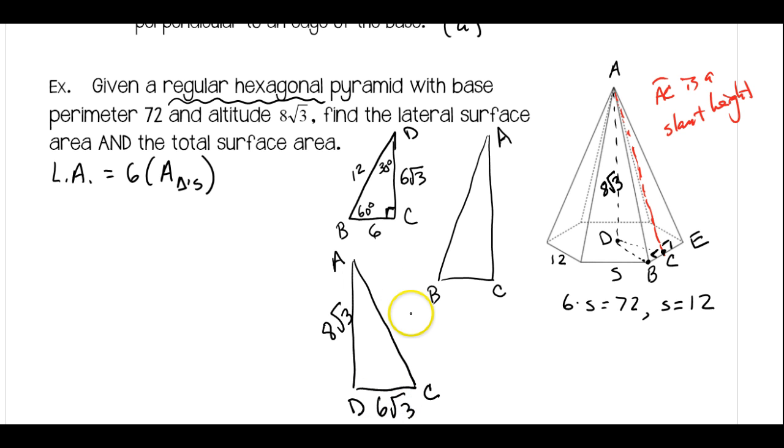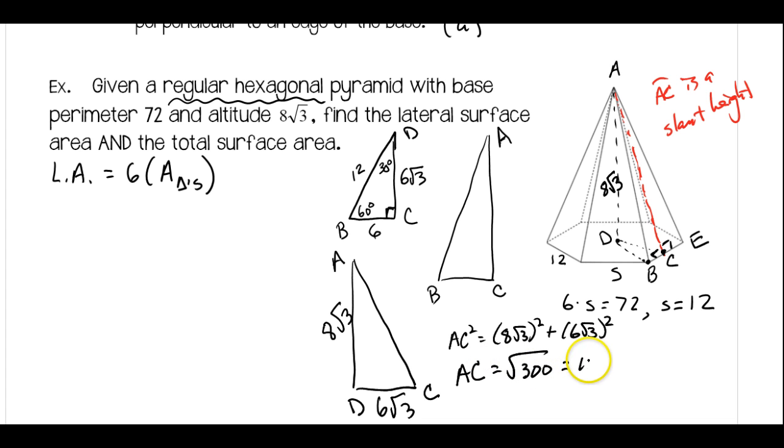So I can find AC. AC squared is going to be 8 root 3 squared plus 6 root 3 squared. If we go ahead and work that out, just to save time, I'm going to tell you what AC is. That's going to be the square root of 300, which is going to be 10 root 3.